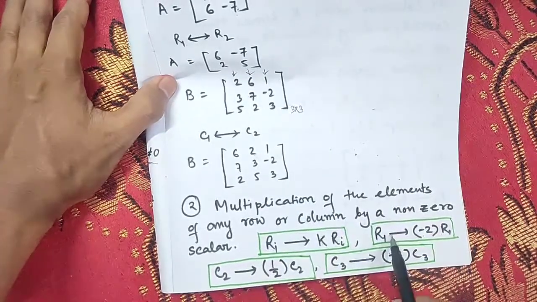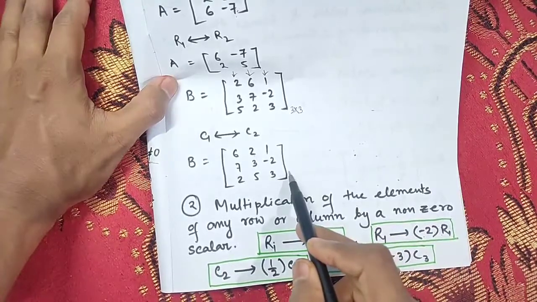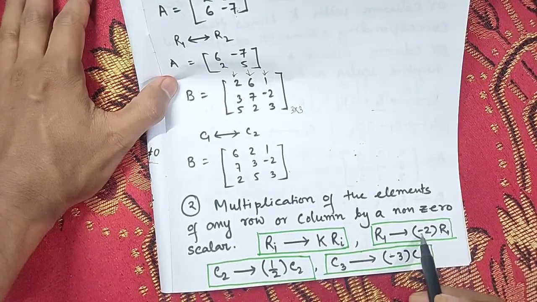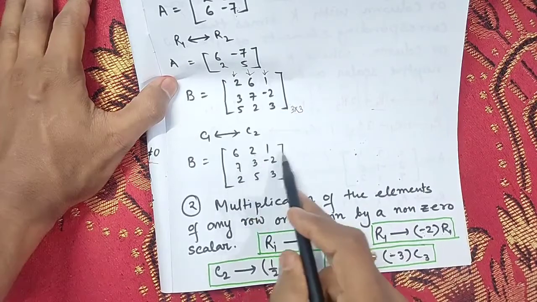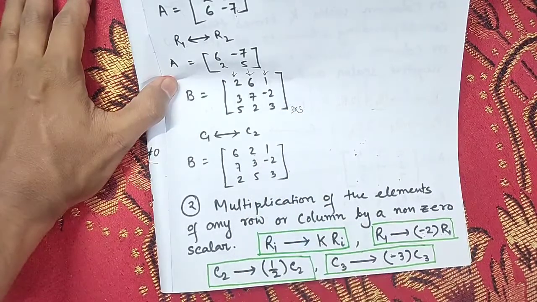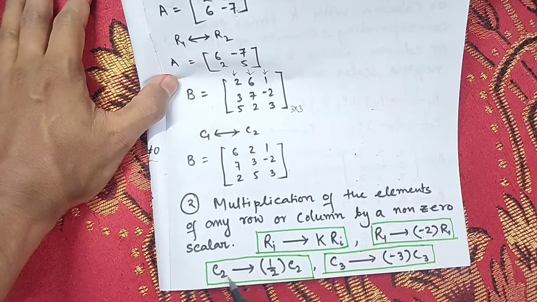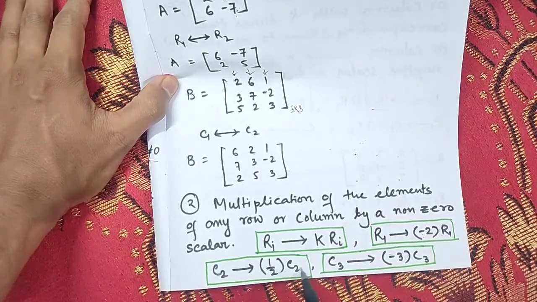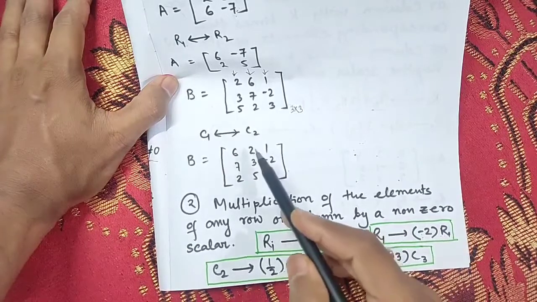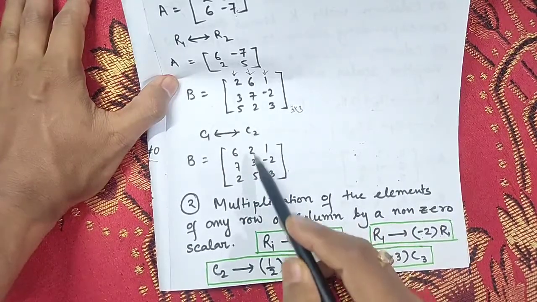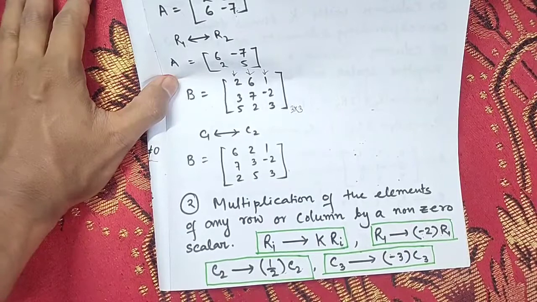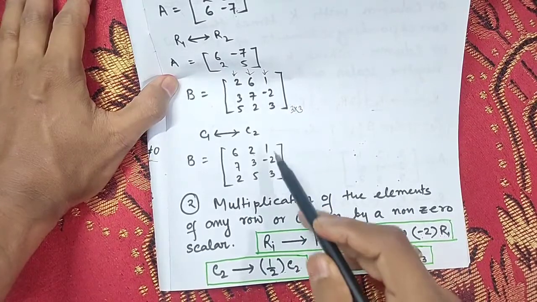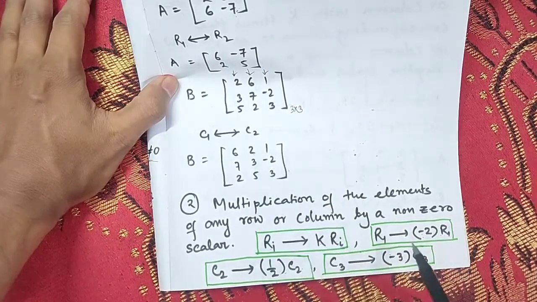So if you apply this operation over this matrix, you just have to multiply -2 with all the elements of the first row. Similarly, if you perform C2 → (1/2) C2, that means each and every element of C2 is multiplied by half. C3 we change like C3 → -3 C3. That means we multiply -3 with each element of C3.